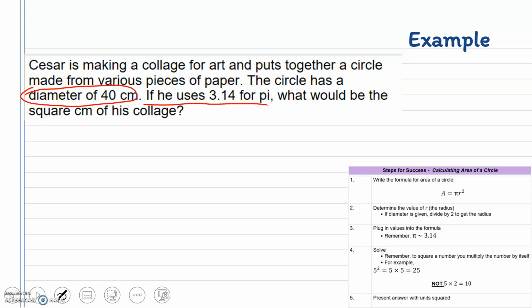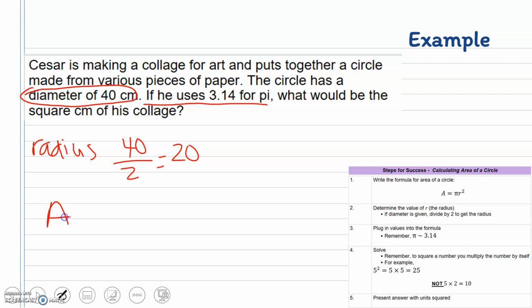So I have a diameter, so first thing I need to do is find the radius. So my radius, remember, is 40 divided by 2, which will give me 20. So I'm looking to find the area.